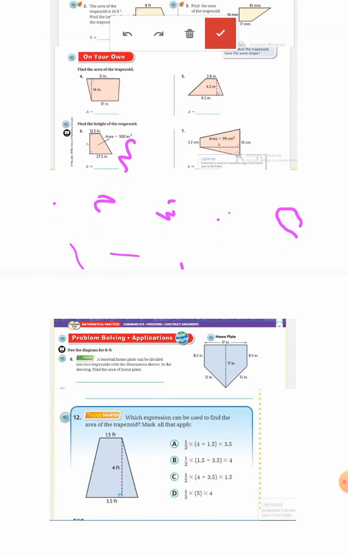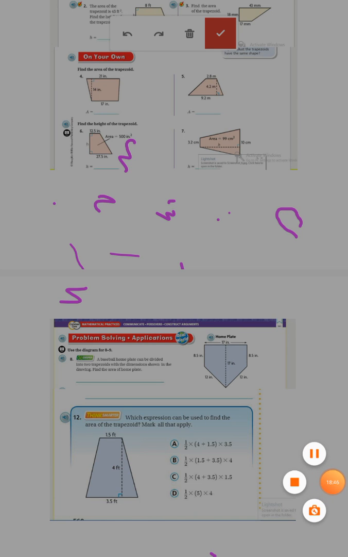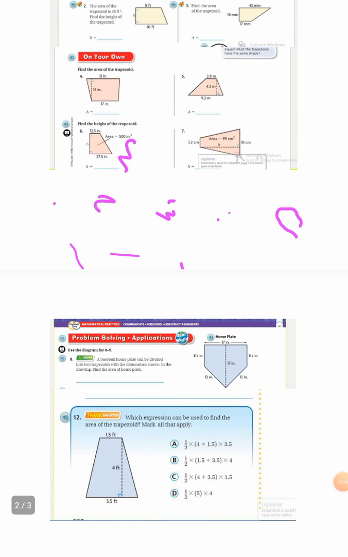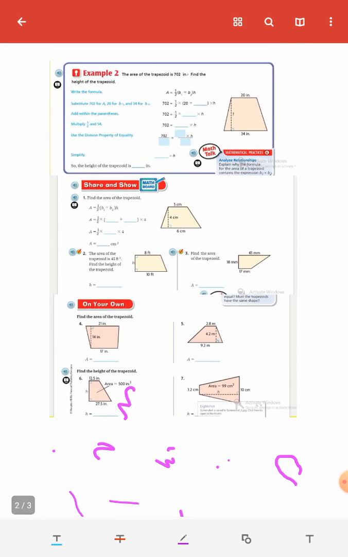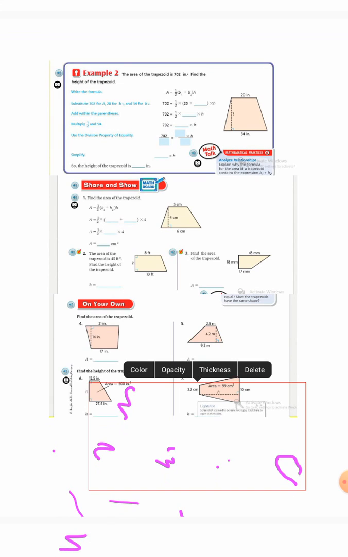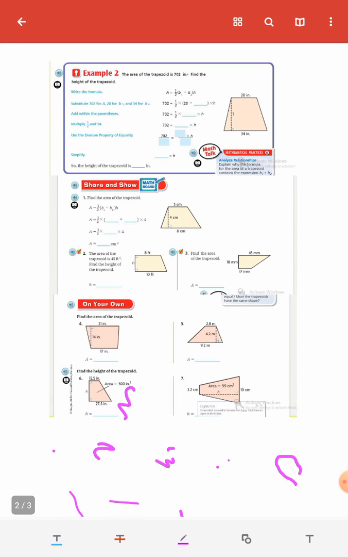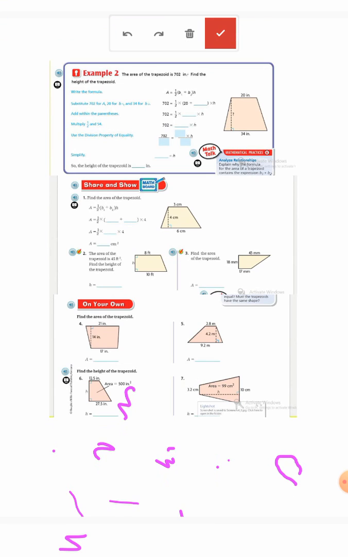Wait, we have to move back to the page above again. Following the same formula, half B1 plus B2 multiply height.